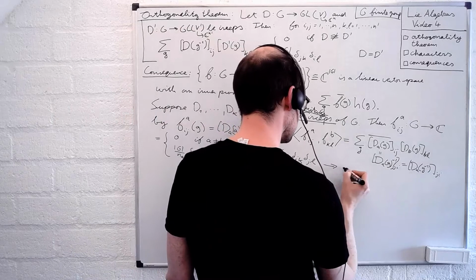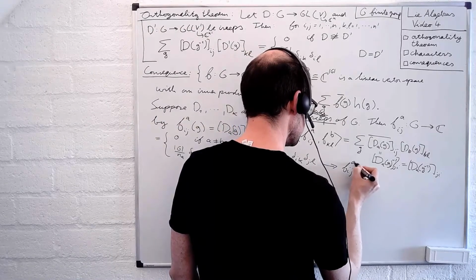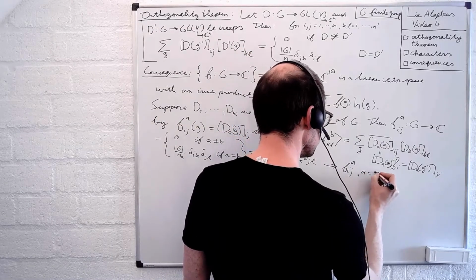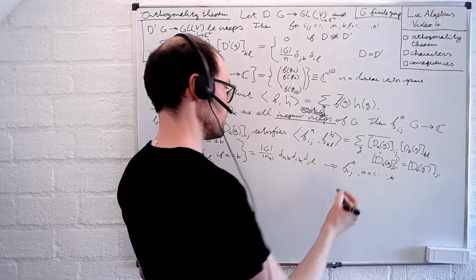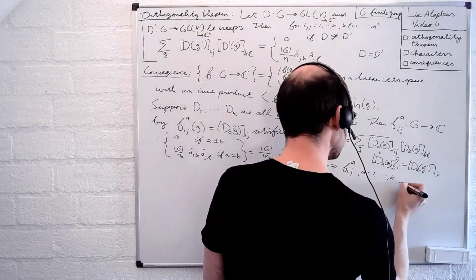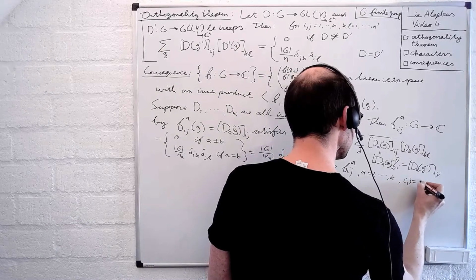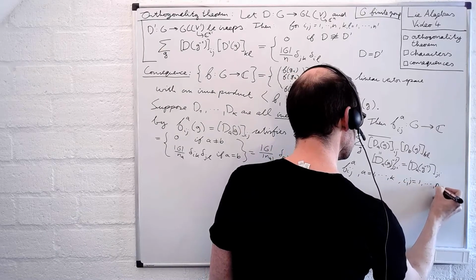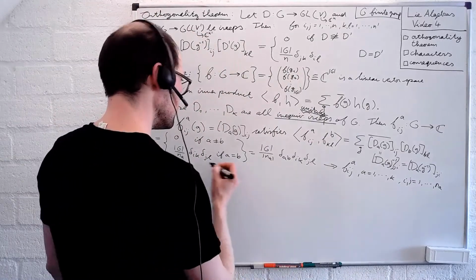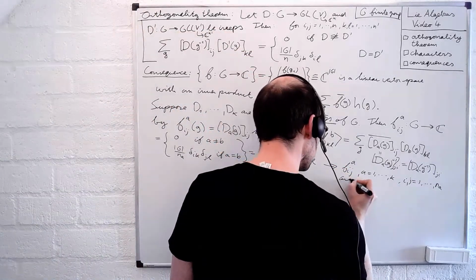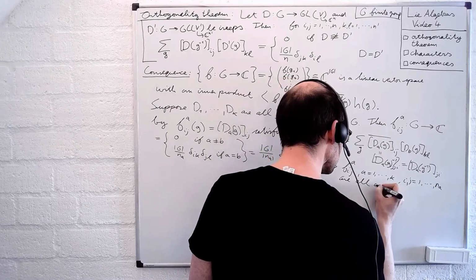So the f_ij^a, for a running from 1 to k, if I have k irreducible representations, and i and j running from 1 to the dimension of this representation a, are all orthogonal.